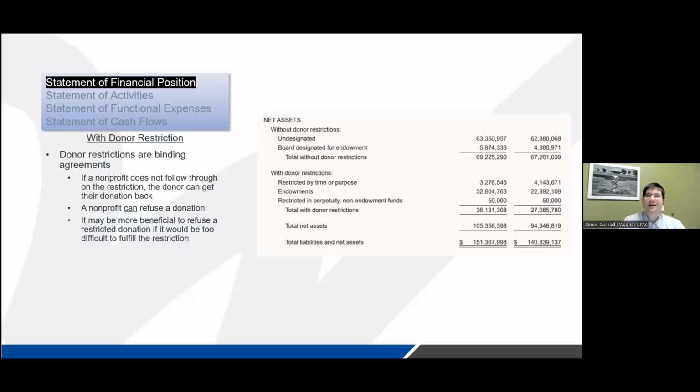Donor restrictions are binding agreements. It's basically a contract that gets set up. And if your organization does not follow through on that restriction, the donor has recourse to get it back. And on the flip side of that, a nonprofit can refuse a donation. It's strange because most nonprofits want to have all of the funding they can come in.